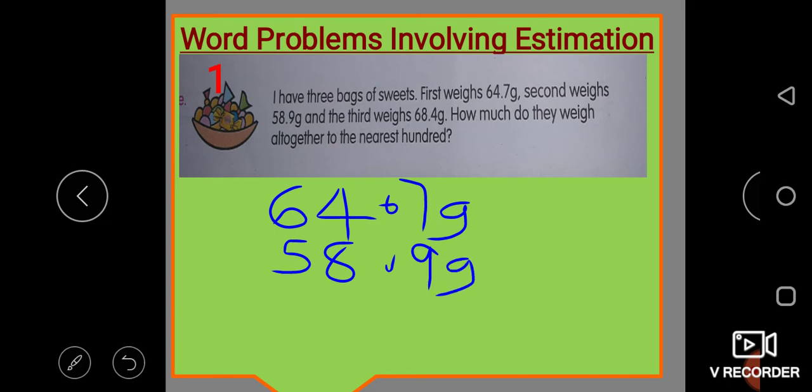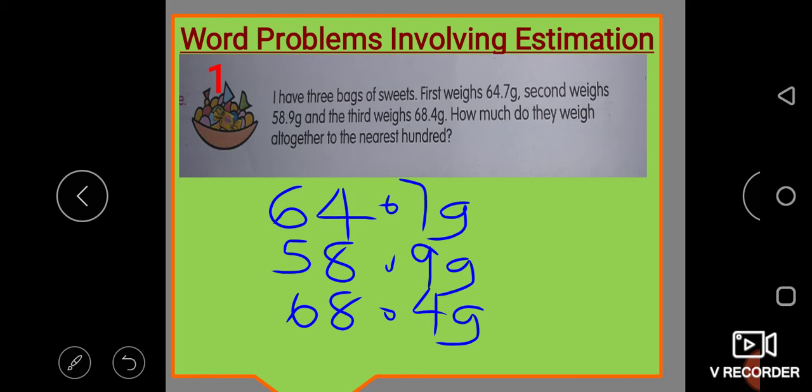And the third bag weighs 68.4 grams. The question is, how much do they weigh all together to the nearest 100?